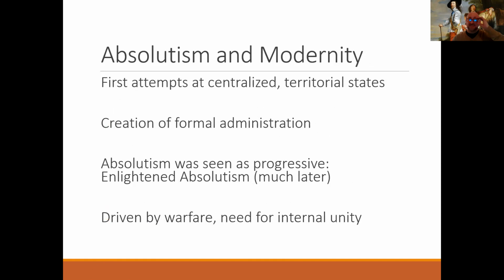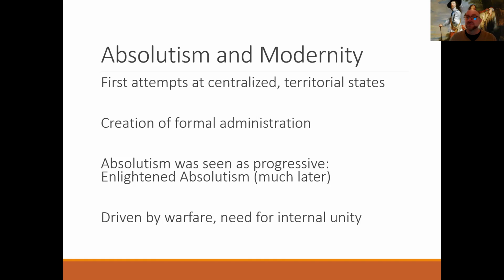You have in the 17th, 18th century the creation of, for the first time, what we think of as formal administrative structures. Again, you have a few things in the Middle Ages, chancery, stuff like this. But literally the language of government as we understand it comes into being by the end, for example, of Louis XIV's reign in France.